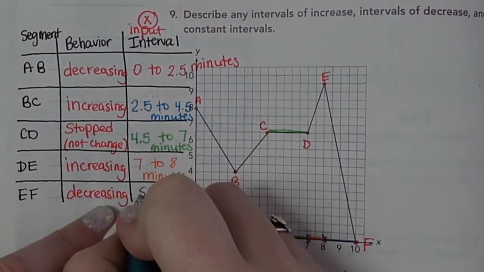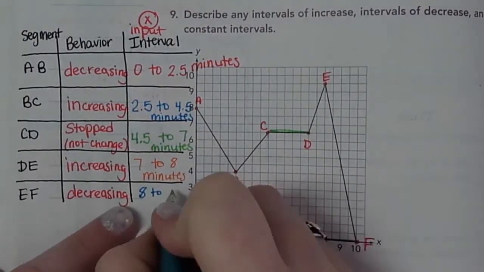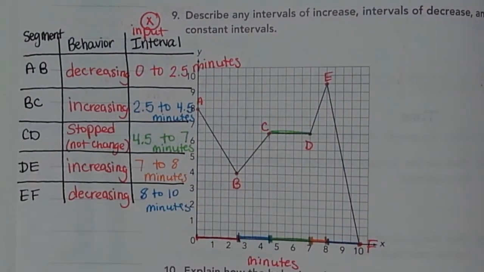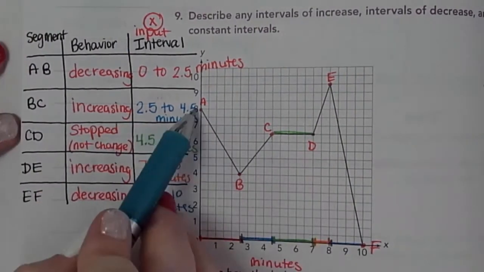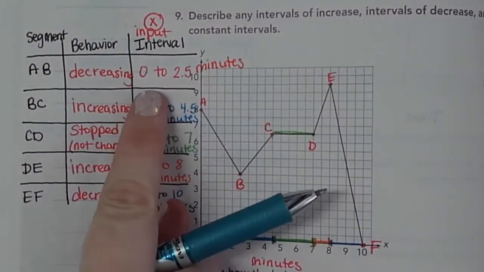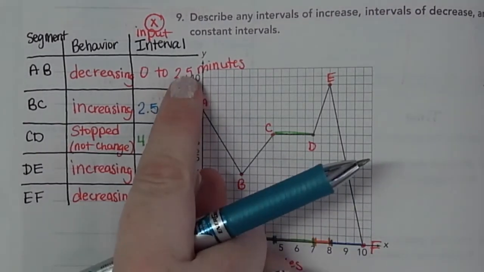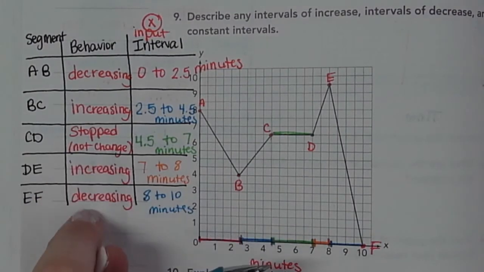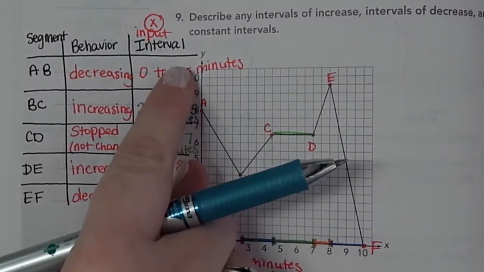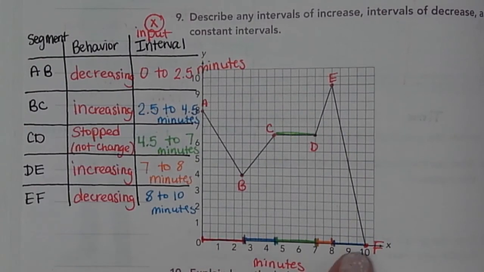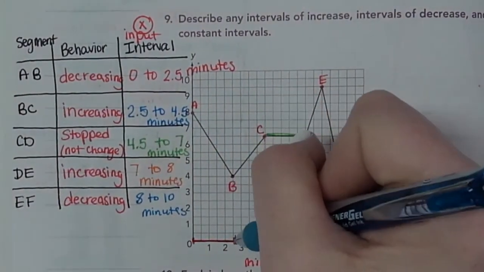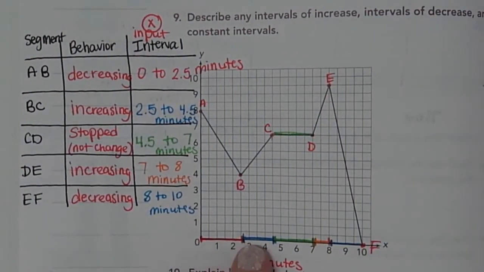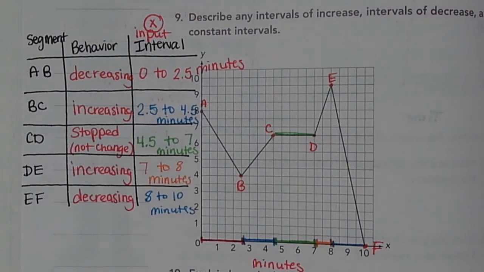So that's from 8 to 10 minutes. Okay, so we're just taking each of these parts and saying what is happening. So the interval at which it's decreasing or increasing or stopped, we're just giving those values along the x-axis. Hopefully you saw I dropped that point down, and I was just giving the time at which it was doing that.